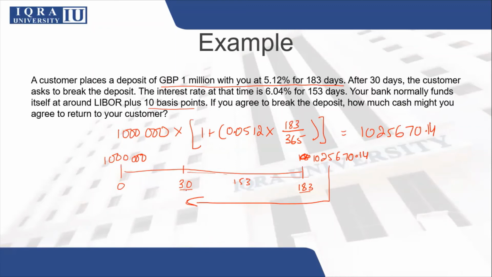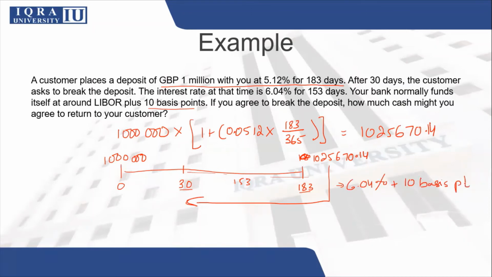They take the value which they were supposed to pay to you in 183 days and calculate the present value of that amount as of today, based on the rate at which they will have to borrow now, which is 6.04% plus 10 basis points.